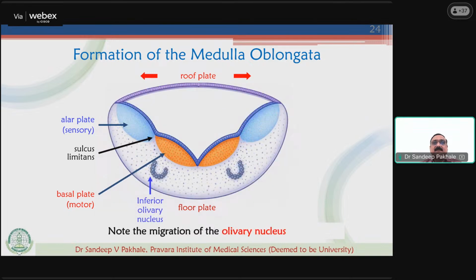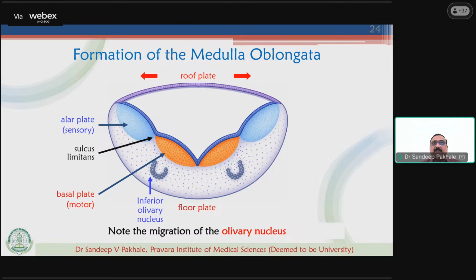As a result, instead of remaining in the medial position like typical motor nuclei, the olivary nucleus comes to lie laterally, forming the characteristic olive on the surface of the medulla.